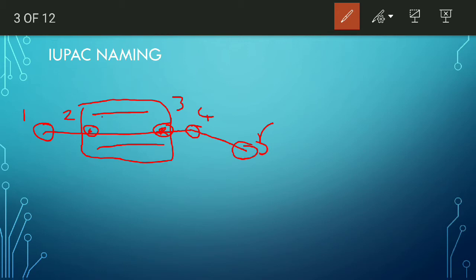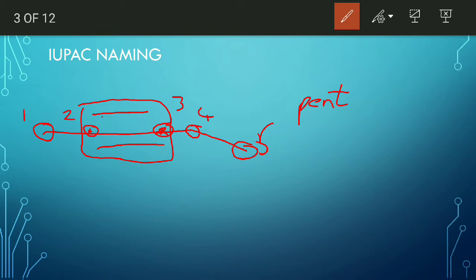Now, what is the word root? The word root is pent, because we have 5 carbons. What is the 1 degree suffix?